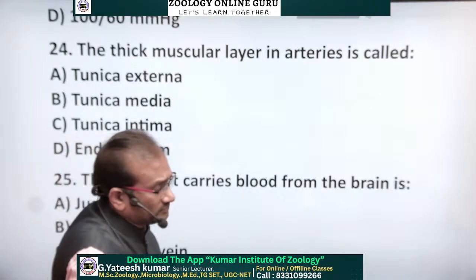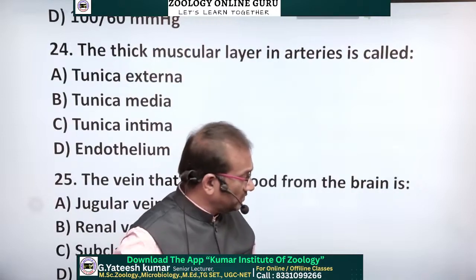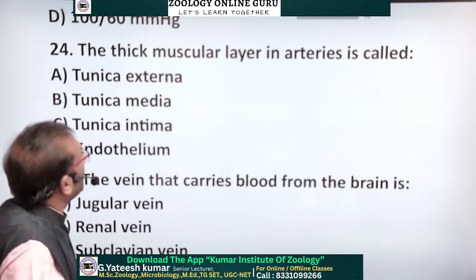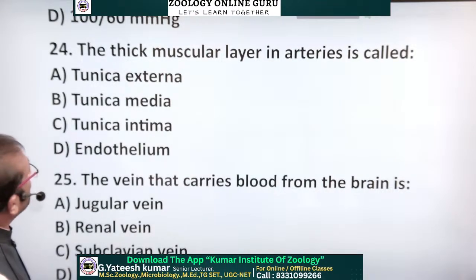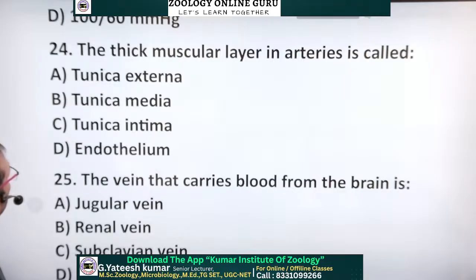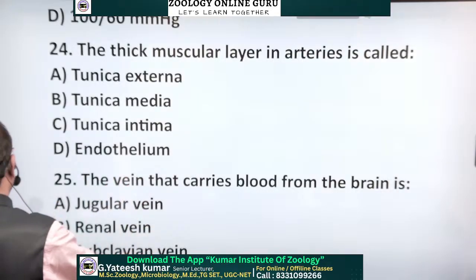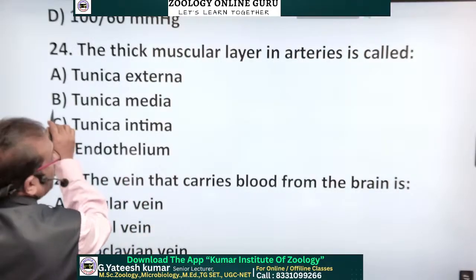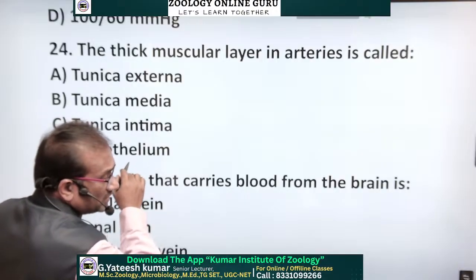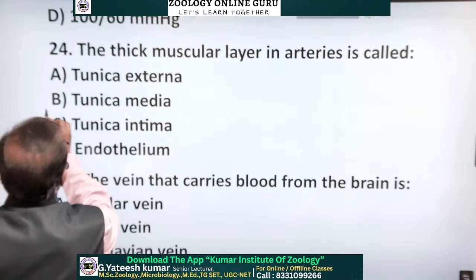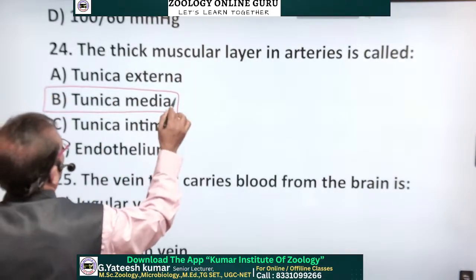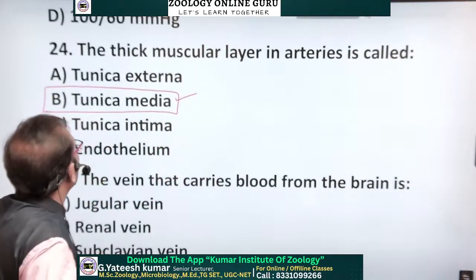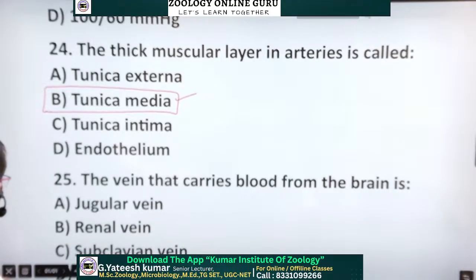Arteries are made up of tunica externa, tunica media, and tunica intima. If you know the answer, tell me. This is the answer: tunica media. If any doubt, comment me. Okay, tunica media.